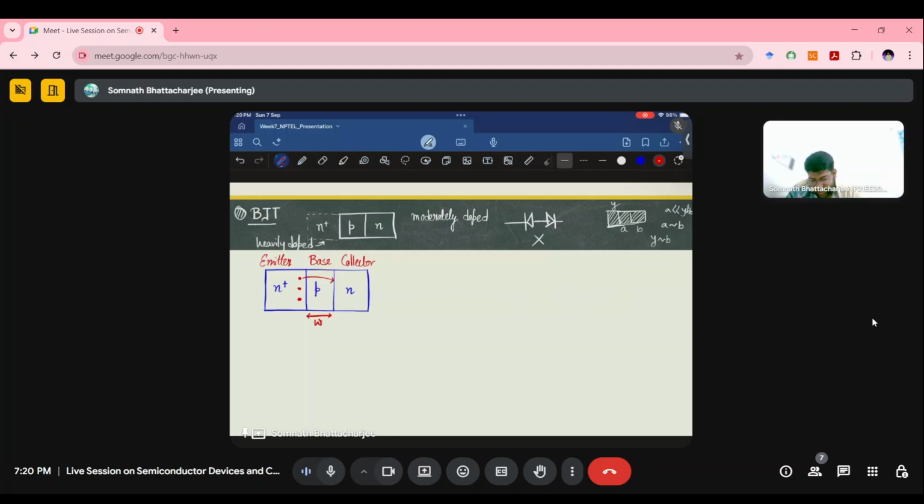So let's say the P type part, that is the base part, has a base width of WB. To make it an NPN structure, so that it works as an NPN transistor, the base width WB needs to be very narrow.